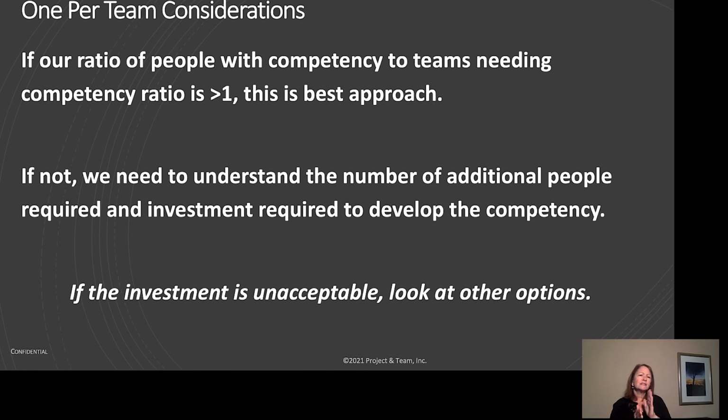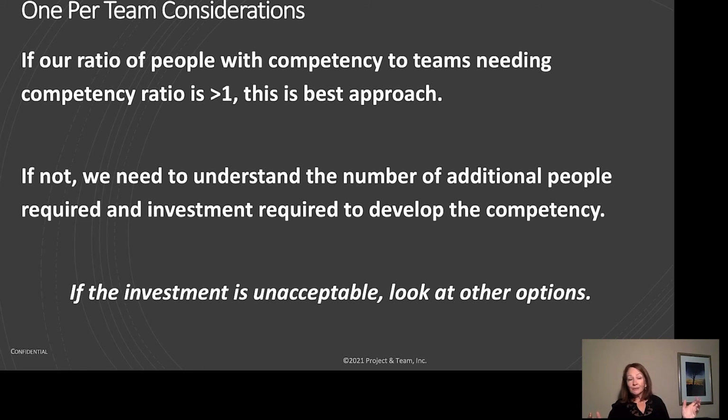So let's look at that supply and demand. If we have enough people, if our ratio of people with this competency to the teams needing the competency, that is our supply versus our demand, our supply is at least one, meaning we have at least one person we can allocate, this is the best approach.